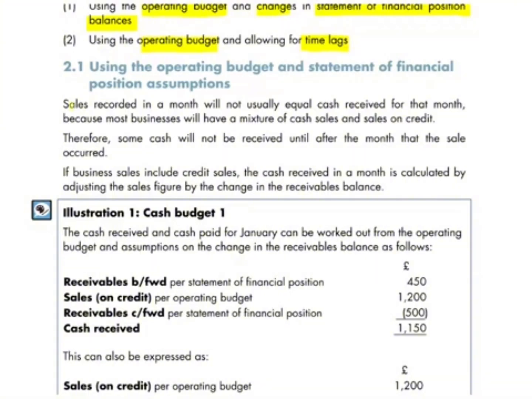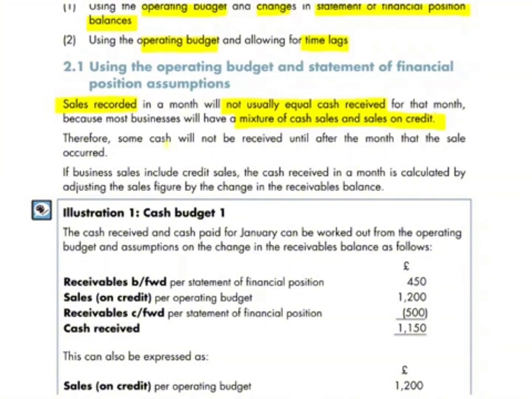So, for example, sales recorded will not usually equal cash received for the month because we're going to have a mixture of both cash sales and sales on credit. And as we've just discussed, the money from those credit sales is going to be received later than the time period in which we record the sales revenue being earned.